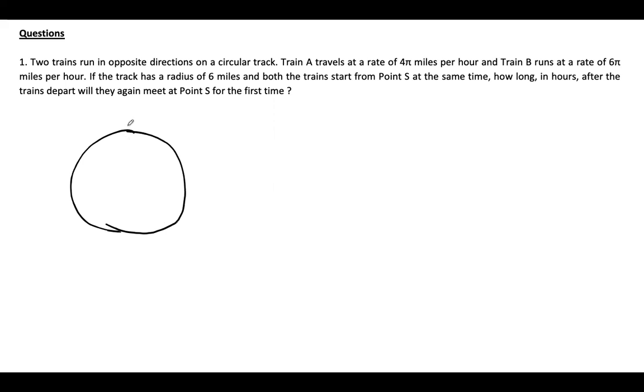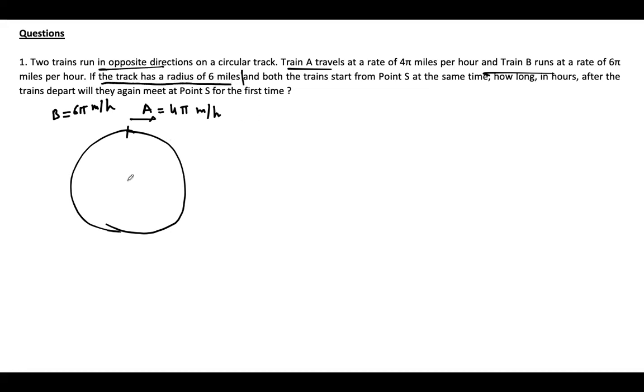Train A travels at a rate of 4 pi miles per hour. Train B runs at a rate of 6 pi miles per hour, in the opposite direction. If the track has a radius of 6 miles.